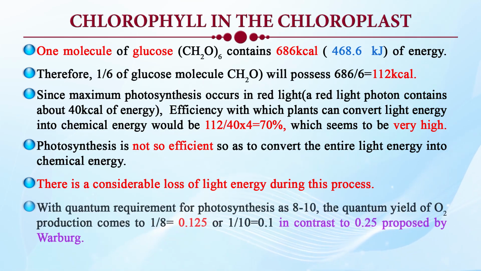So, with the new calculations, what Warburg had mentioned as the efficiency to be 0.25 has now turned out to be 1 by 8, that is 0.125. Now, this seems to be pretty realistic, and we can now account for all the other losses.